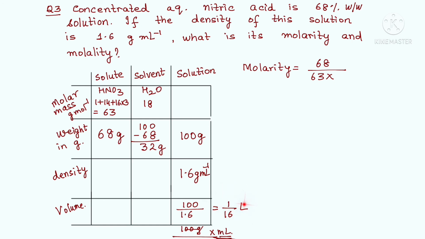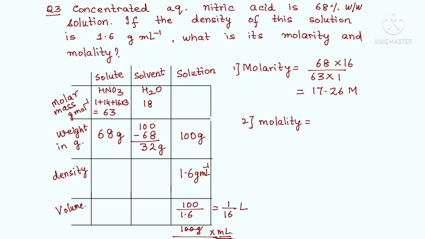Now you understand why I converted it into liters in the first place. 1 by 16, so this will give me the value in molarity, that means moles per liter. What is the answer that you got? I got here 17.26 molar. I hope I got it right. And if I got it wrong, good, because I will also learn from my mistake.